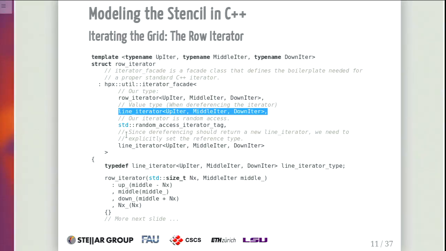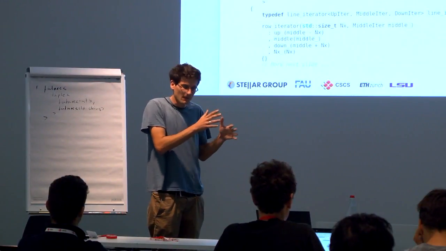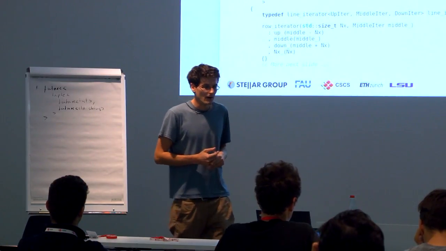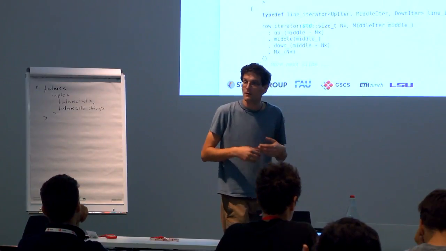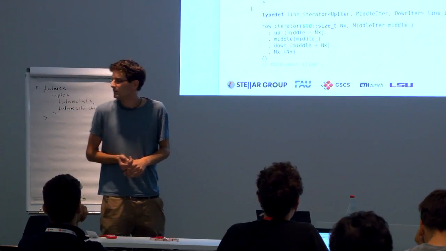We don't want to store the line iterator all the time and advance it each time we advance the row iterator. So when dereferencing the iterator, we want to return a new value for the line, right? If you would omit that, you would get a compile time error saying that you can't form a reference to a local variable.